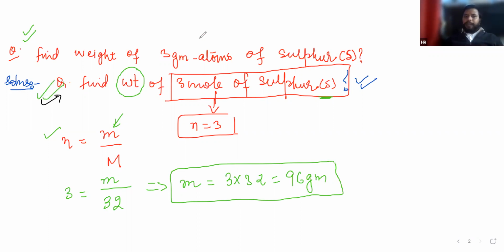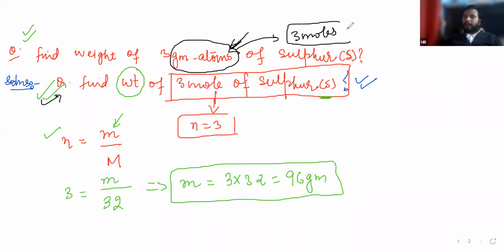Now see, if any question is like this, 3 grams of atom usually means 3 moles. It's a standard form: you can write 2 moles, or in terms of gram, you can write 2 gram of atoms.